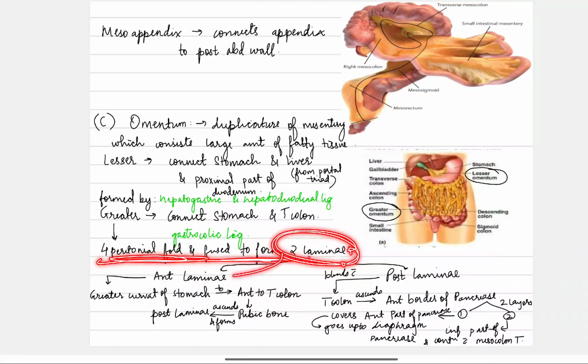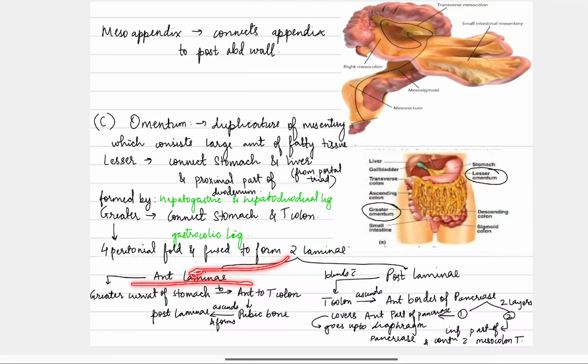Okay. Now this anterior lamina and posterior lamina. The anterior lamina starts from the greater curvature of the stomach, passes anterior to the transverse colon, then to the pubic bone, and from the pubic bone it ascends to form the posterior lamina.